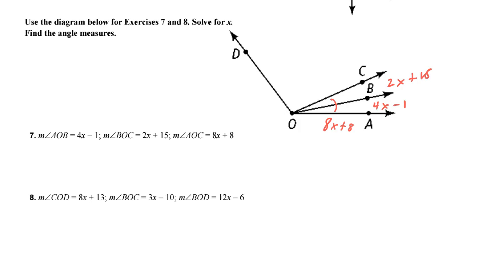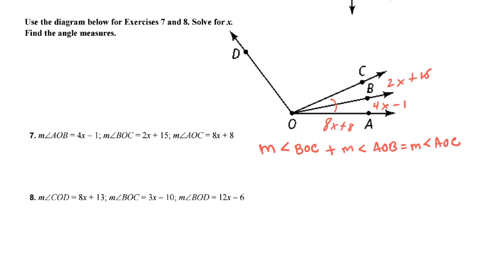And so they're asking us to solve for x. We know that the two smaller angle measurements will equal the larger one. So the measurement of angle BOC plus the measurement of angle AOB equals the measurement of angle AOC.